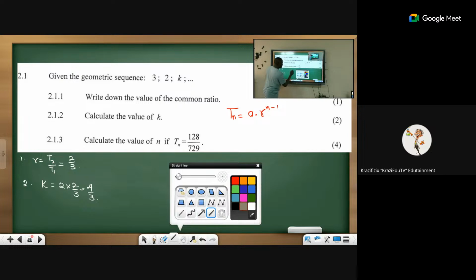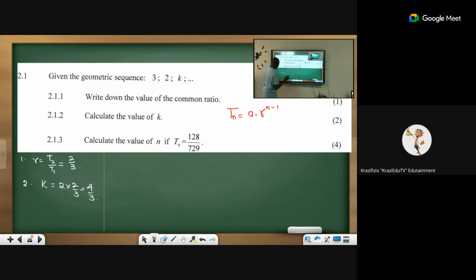Or you could use the formula. What is Tn? We said Tn equals A R to the power n minus 1. What is our A? 3 multiplied by, what's our R? 2 over 3 to the n minus 1. Now, what is K? K is the third term.